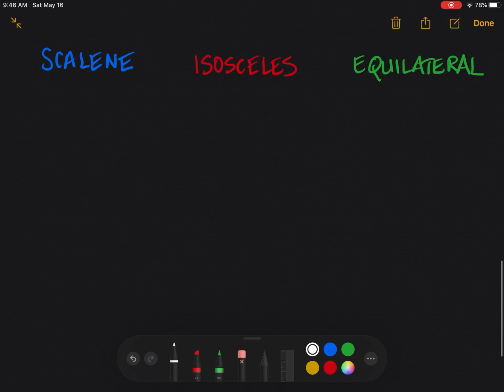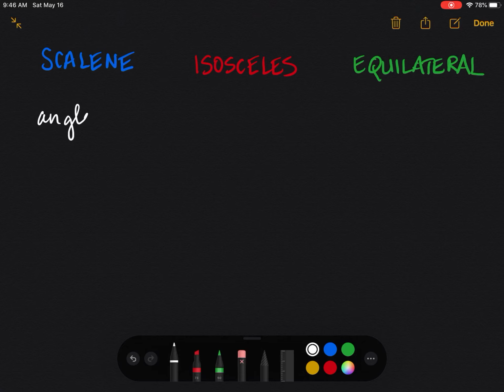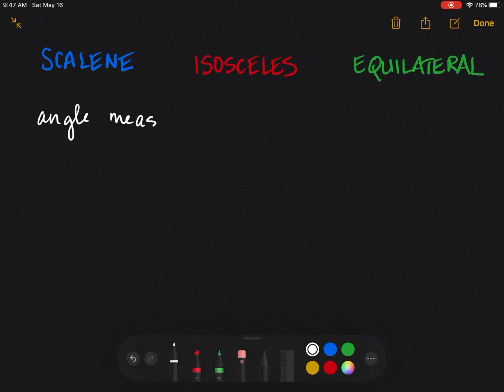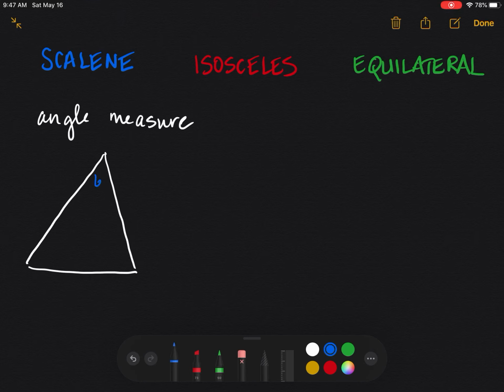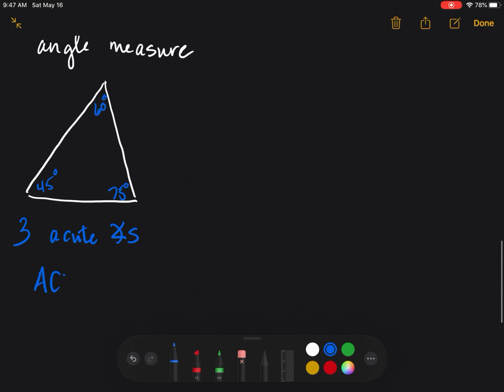We can also classify triangles by angle measure. Okay, so we have 3 ways to do that as well. We can have an acute triangle, which means that all of the measures are less than 90. So maybe this is 60, 45, 75 degrees, all right? So 3 acute angles means this is an acute triangle, okay?